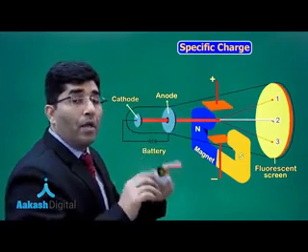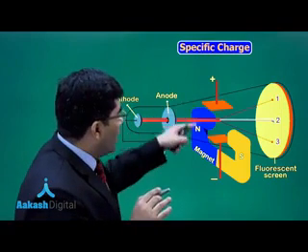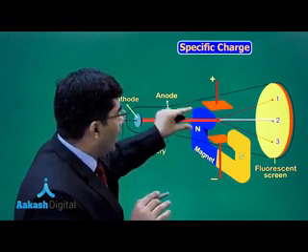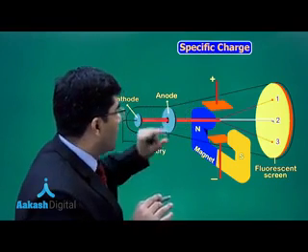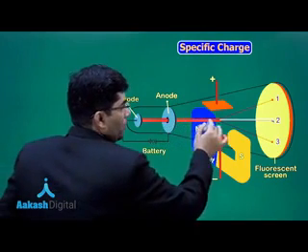Now another case: if an electric field is present which is perpendicular to the direction of the cathode rays, then what will happen? The cathode rays will come in this direction.